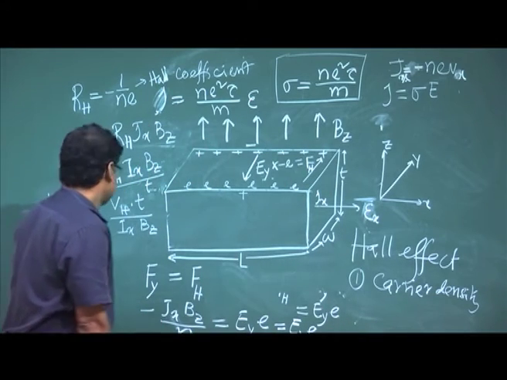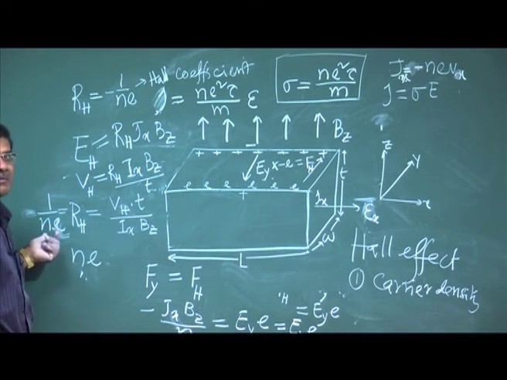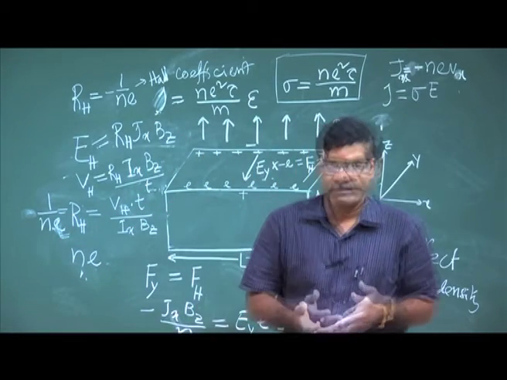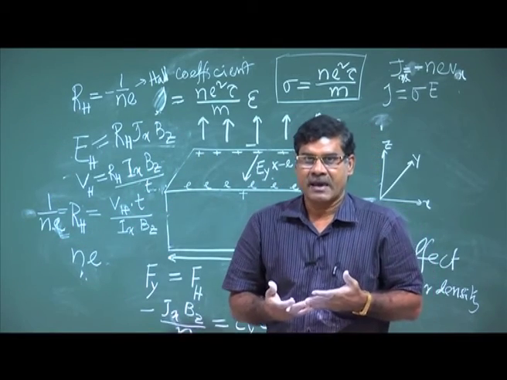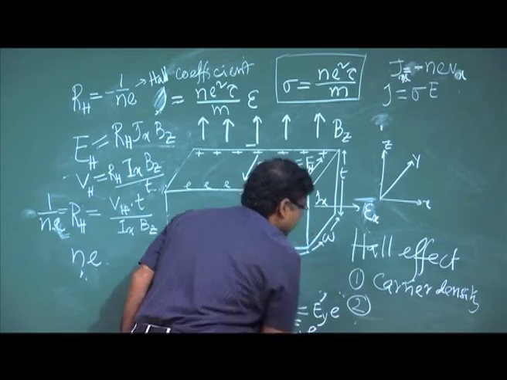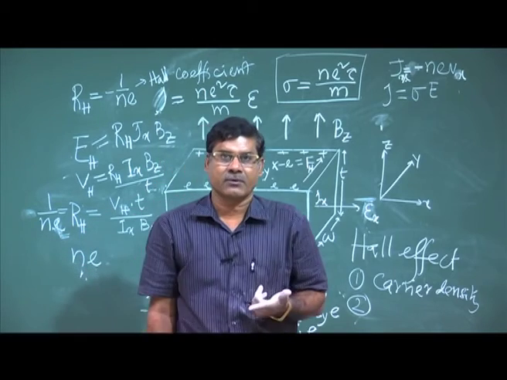It can be N, or it can be P in the case of a P type semiconductor, that will be Pe, where E is positive charge, and the sign will tell you about the type of carrier, whether it is hole or electron.